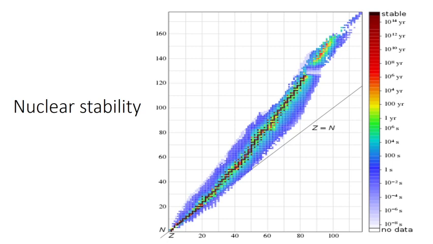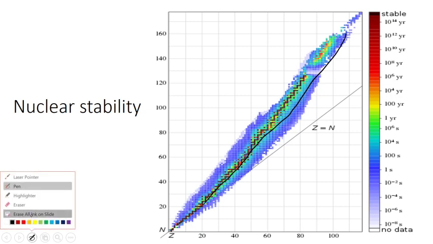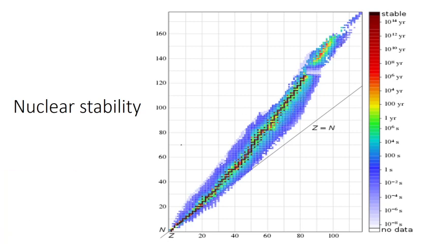But after you get to about number 20, you look, it breaks off from being linear and you start getting this curve going up. And so the ratio of protons to neutrons has to change. You start needing more neutrons for every 1 proton.